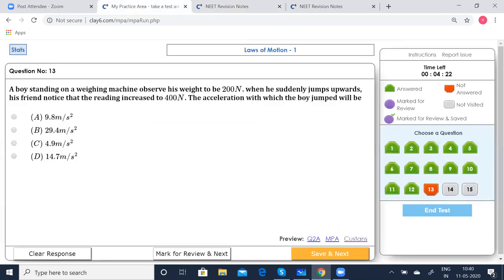So R is equal to m into g minus 0. Here, a is equal to g. The acceleration of the lift is due to gravity, right? So a is equal to g, and this implies R is equal to 0. Right? Now f is equal to mu R, you know that, which is also equal to 0.